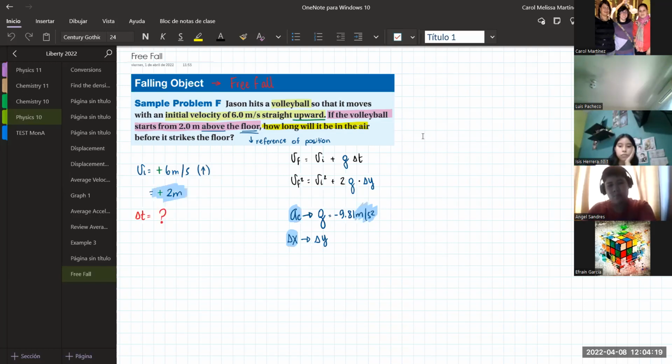And here, the 2 meters, those are units of what? Velocity, acceleration, position, time. What units are those? Meters.